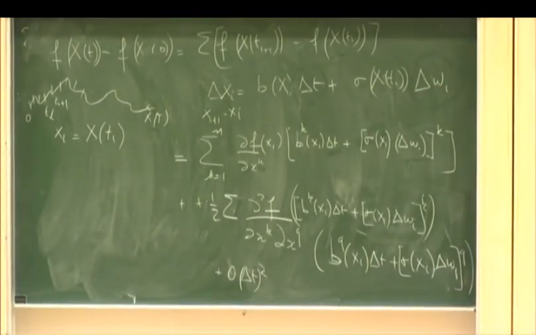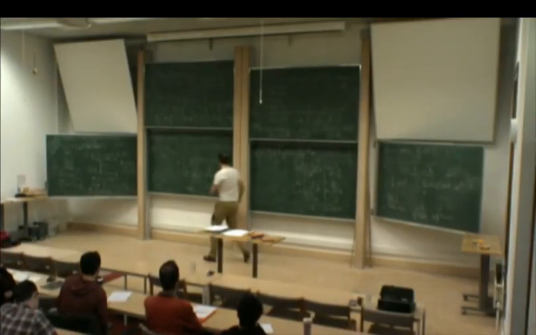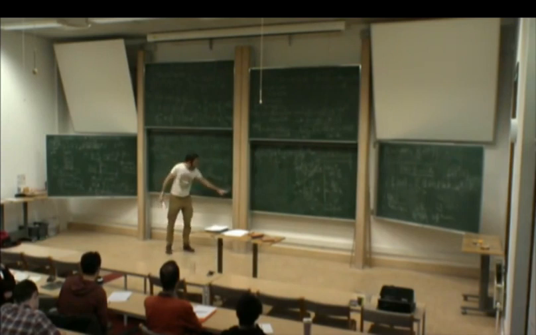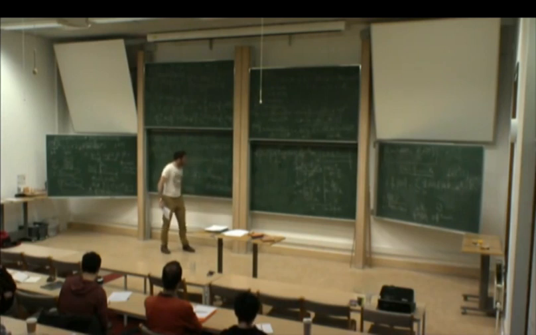So basically, to order delta t, this is for delta t small. I mean, this is an integrated version. But here this is delta t multiplied by d omega. So we'll get delta t multiplied by d omega, and we will see that this will go to 0. This is not going to contribute because of the Brownian motion. The expectation of this is 0.